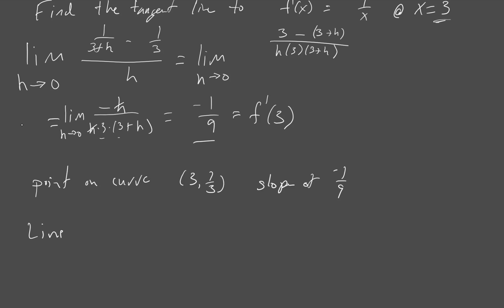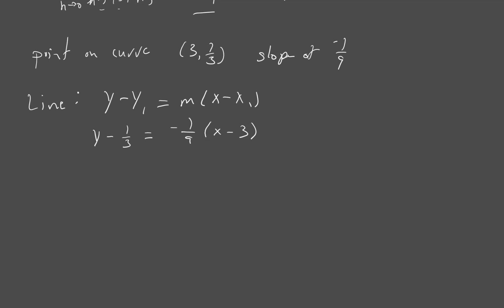So the line, I'm going to have y minus y1 equals m times x minus x1. So this is going to be y minus 1/3 equals minus 1/9 times x minus 3. And if I want to write this as y equals mx plus b, we do a little arithmetic.